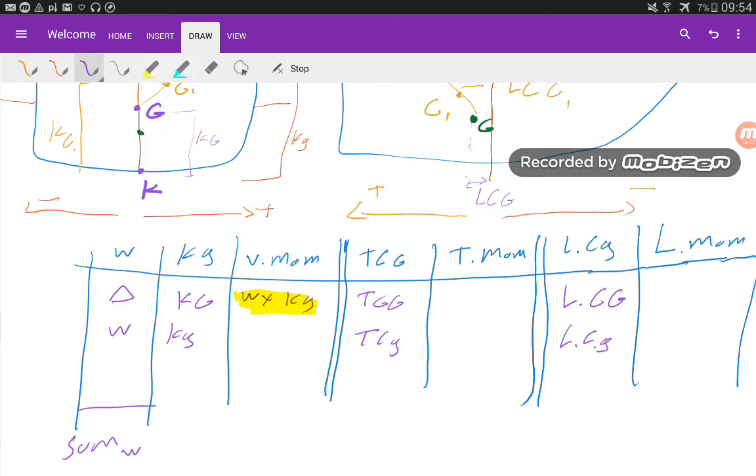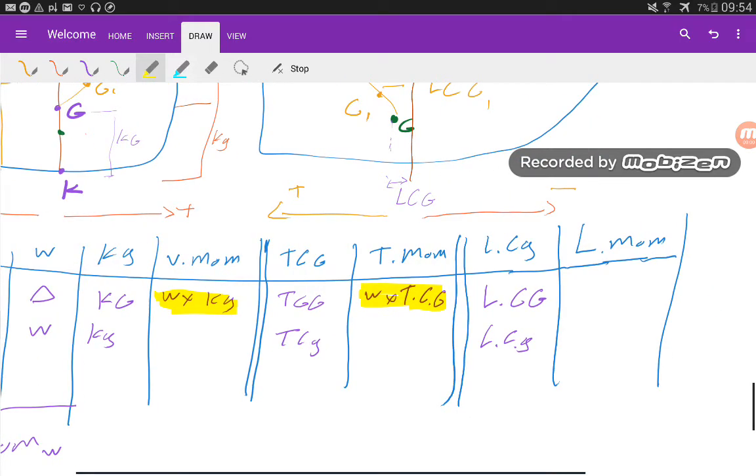Transversal moment all the time is weight times transversal center of gravity. And longitudinal moment is longitudinal center of gravity times weight.